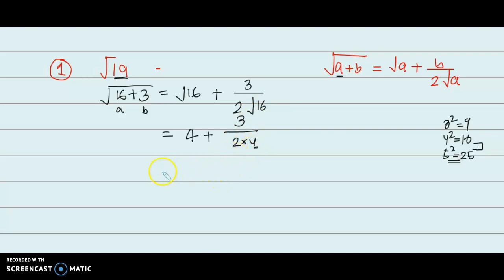Now this is 4 plus 3 by 8. Now 3 by 8, if you solve it further, 1 by 8 is 0.125, so 3 by 8 is 0.375. So 4.375. This will be the answer for this question. So root 19 is 4.375.